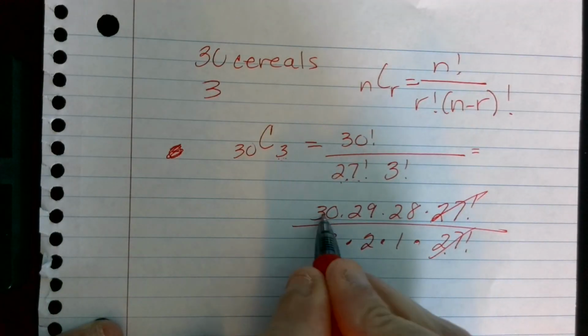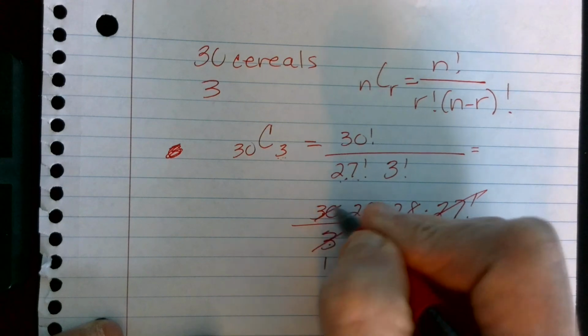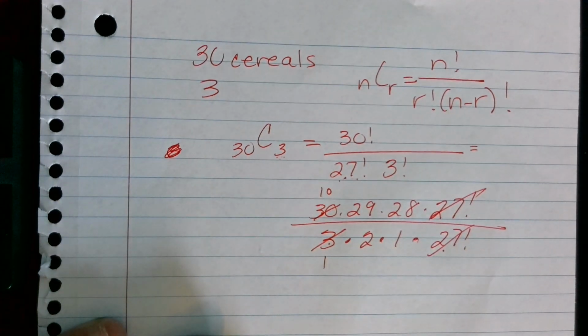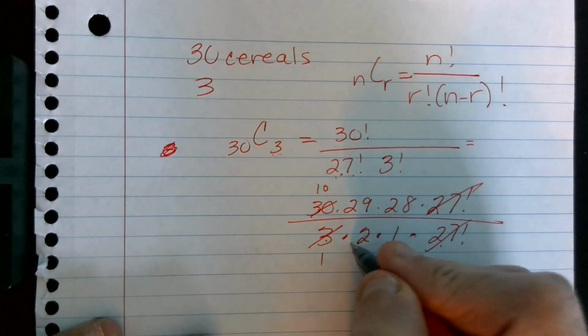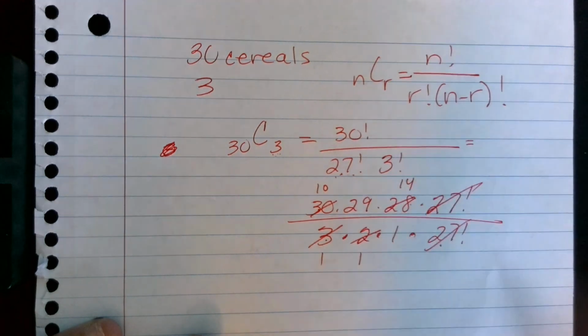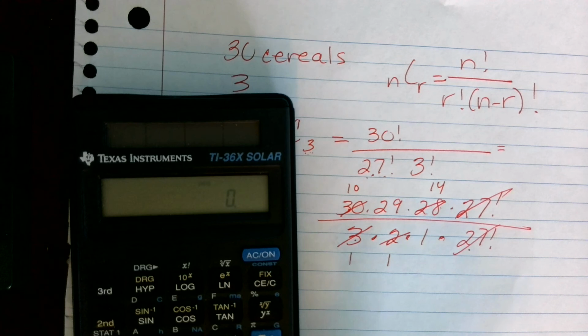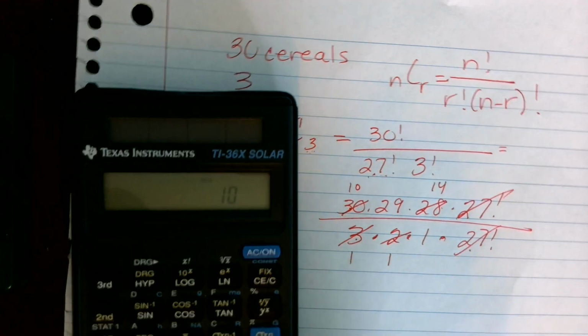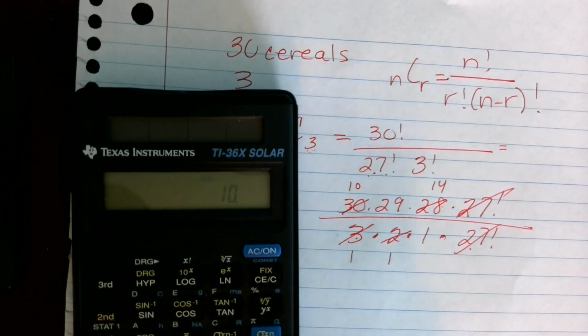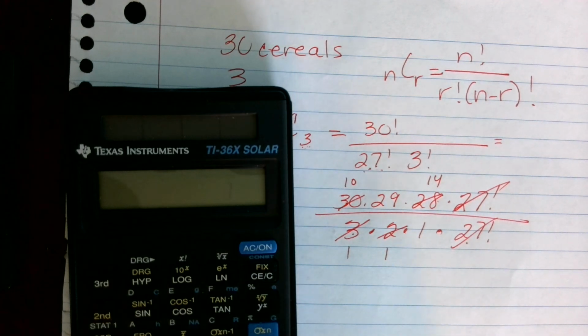So the 3 and the 30, divide them each by 3, and we get 10. 2 and 28 will simplify. Divide them each by 2, and we get that. Oh, wowie, mama, we're going to have a lot of options here. So we have 10 times 29 times 14.